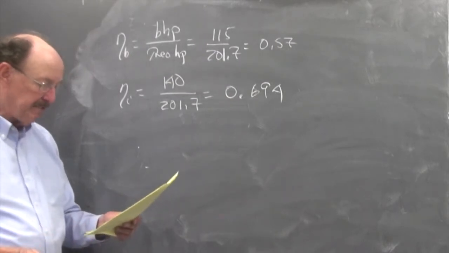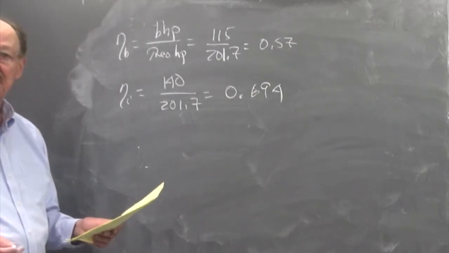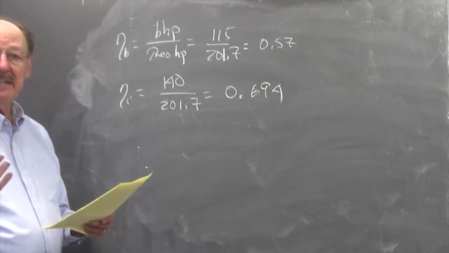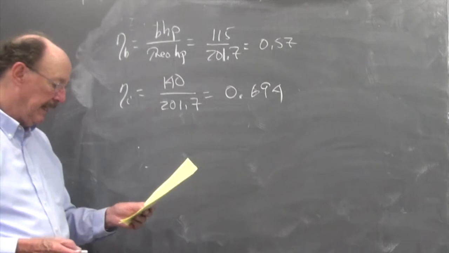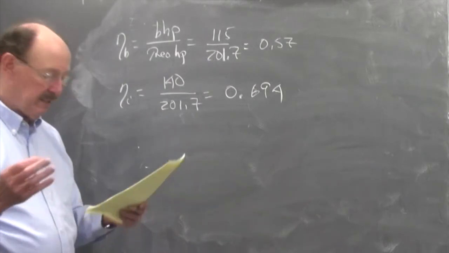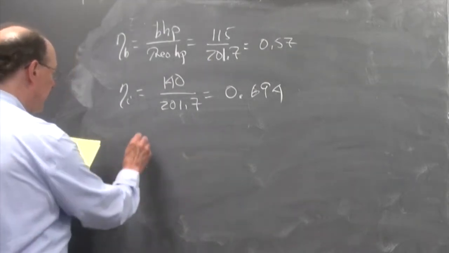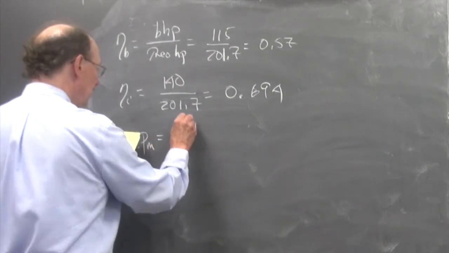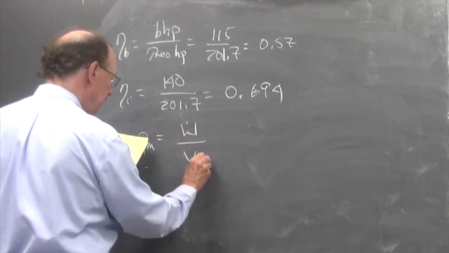And now we wanted to find the mean effective pressure. With mean effective pressure, we find this for the indicated work and the brake work. But first we have to find the piston displacement. So P sub m is equal to W dot divided by V dot sub PD.